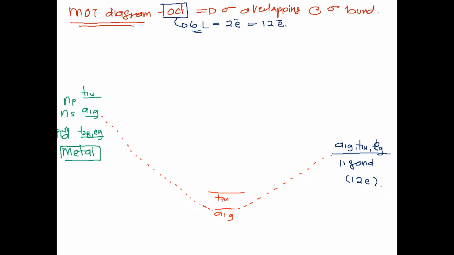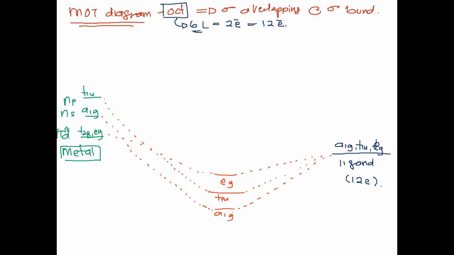Okay, so it is at a higher level from A1G. So same, it comes from the ligand as well as the metal. Okay, and then you will have the EG orbital, from the ligand as well as from the metal.